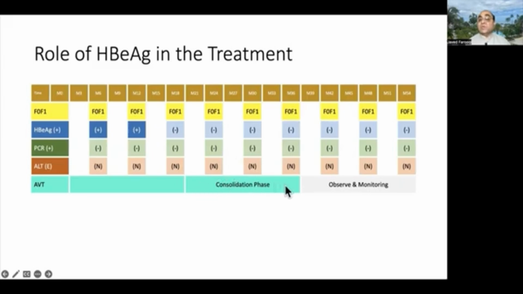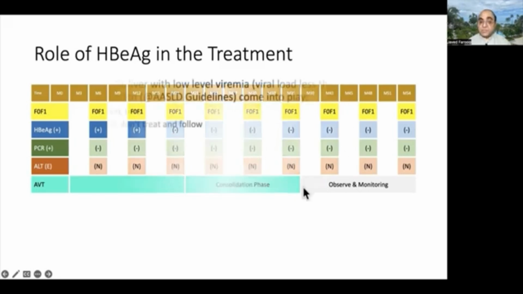You give the consolidation phase for 12 to 18 months, and then you stop treatment and continue follow-up. So this is the time duration: 0, 3 months, 6 months, 9 months, 12 months, 15 months, 18 months, 21 months, 24 months. Here you give these patients the consolidation phase, and then you follow up these patients.